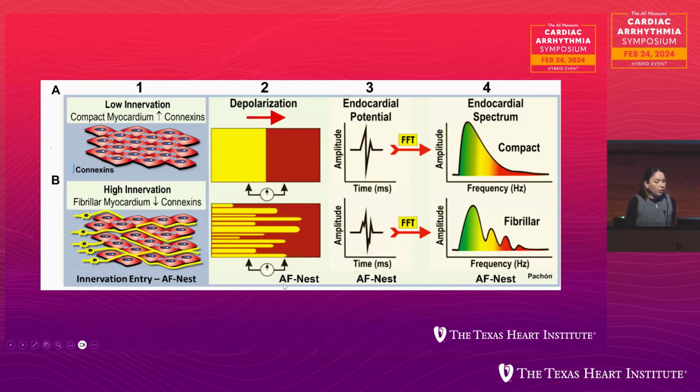And they're actually called AF nests. We also know that high vagal tone has a lot to do with atrial fibrillation in these areas of slow conduction in the atrium. So those are the targets that you want to go and ablate, basically.